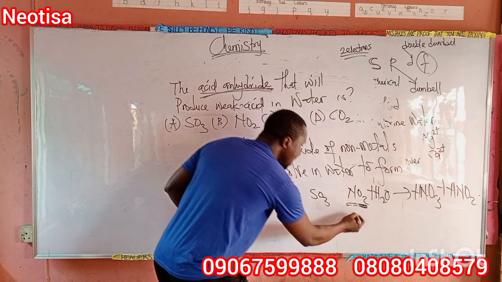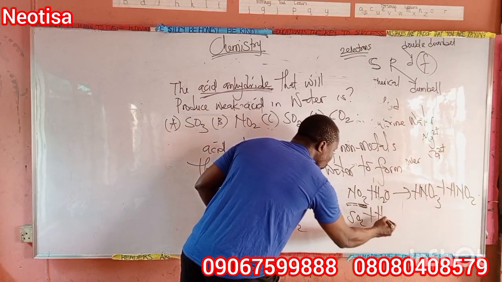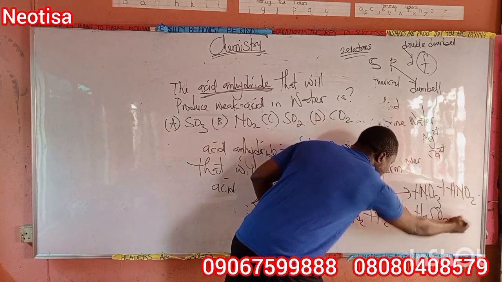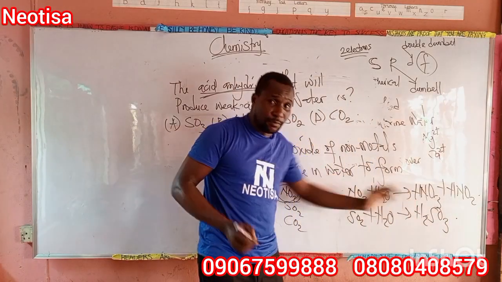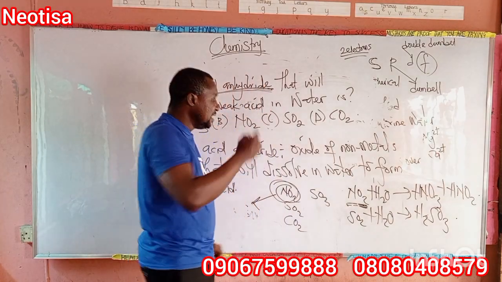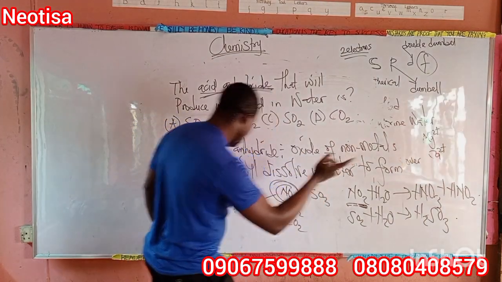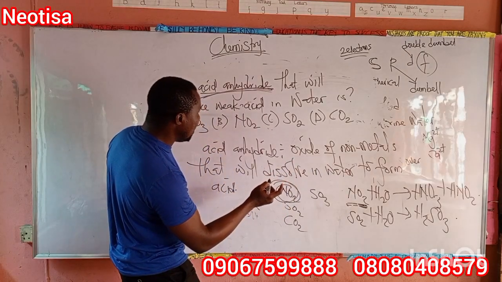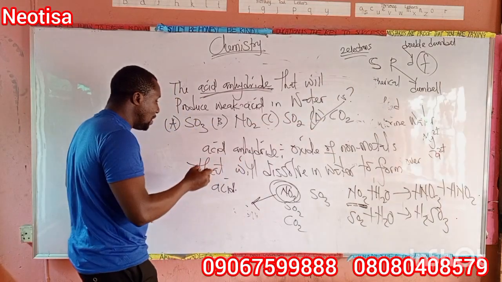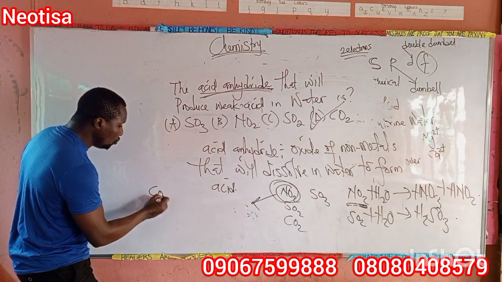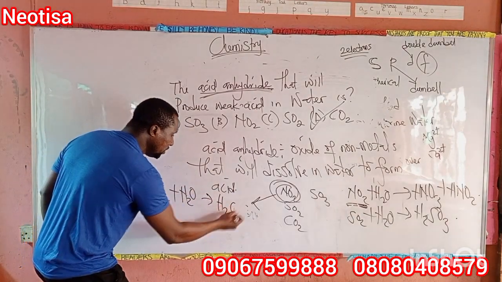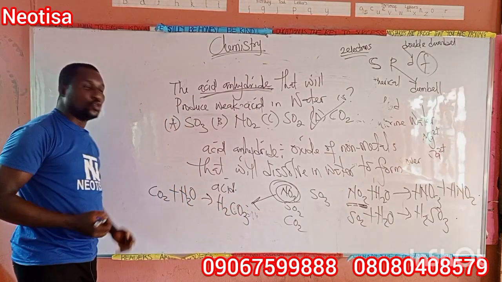But when SO2 reacts with water, it gives H2SO3. This one produces only one acid. But the one that will produce a weak acid is option D. That means when you have CO2 plus H2O, it gives H2CO3.